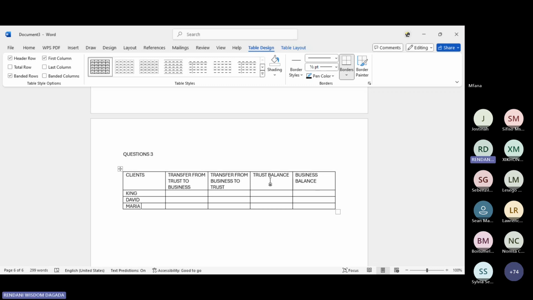You transferred money that was not supposed to come to the business. The bracket in the trust balance means there is a shortfall. There is missing money of 2,500 in the trust. Completely different things.